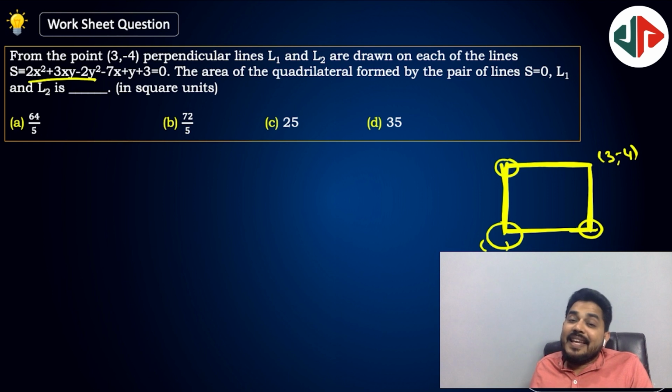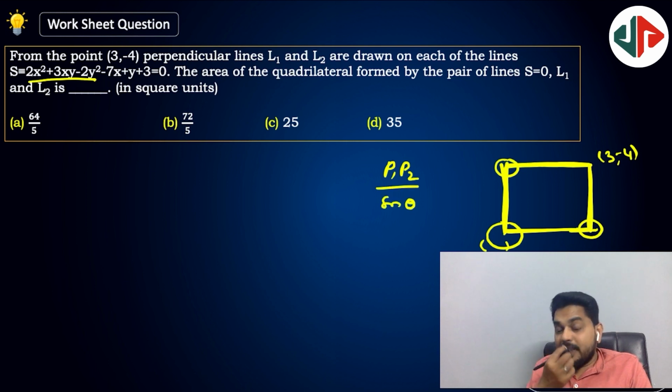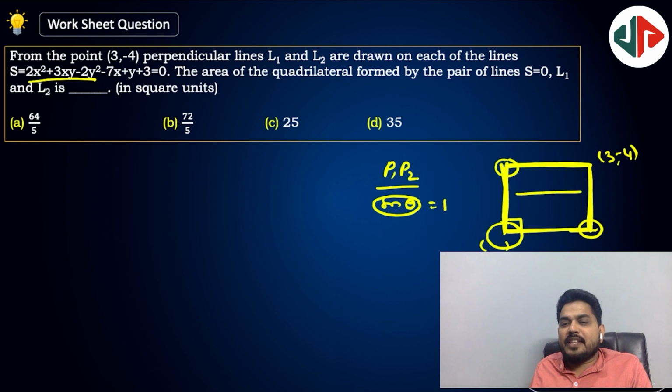Otherwise, the area of the parallelogram is given as p1 p2 by sine theta. But here it is a rectangle, so sine theta is equal to 1. So it's simply the product of the distances between the two parallel lines, p1, p2.